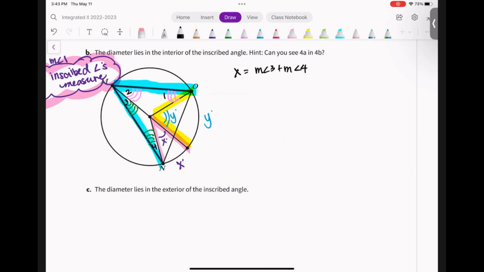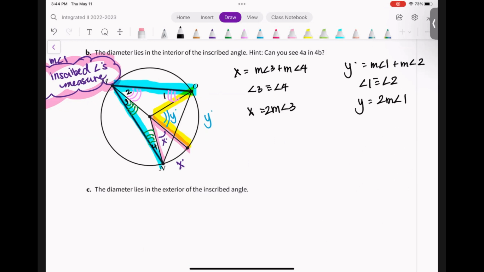And y is equal to measure of angle 1 plus measure of angle 2. Right? And then here you could see that angle 3 is congruent to angle 4. So therefore, x is equal to 2 times the measure of angle 3. And then similarly, y would be the same. Angle 1 is congruent to angle 2. Therefore, y is equal to 2 times the measure of angle 1.